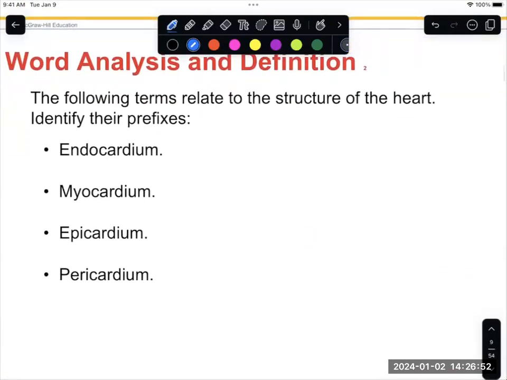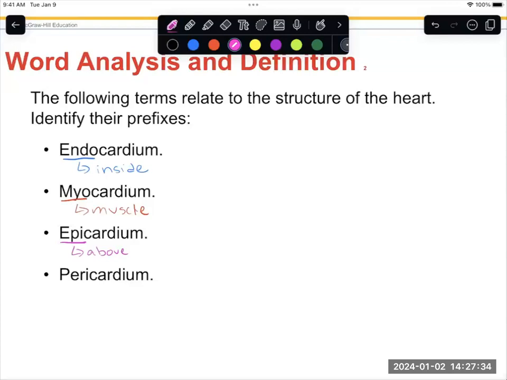So the heart consists of three layers: the endocardium, the myocardium, and the epicardium. Endo is going to mean inside. Myo, hope we know that one by now. Epi, in this case, means above.